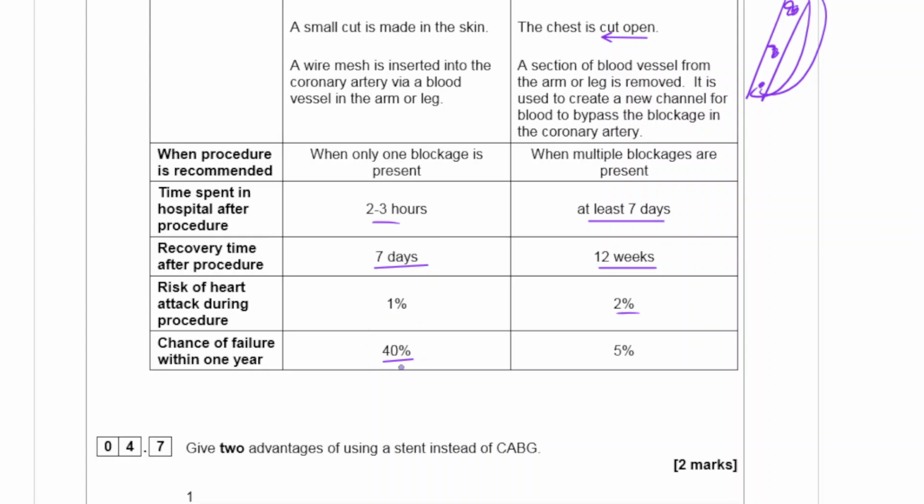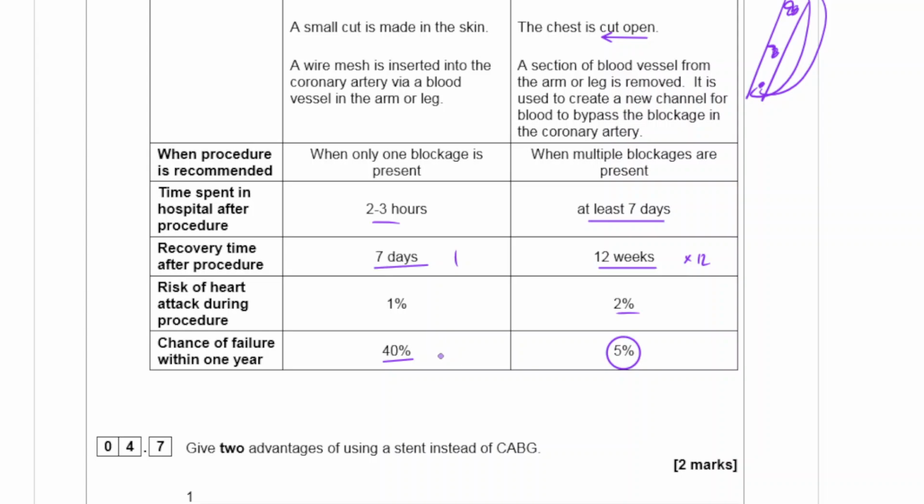So the chance of it coming back is 40%, whereas if you do open heart surgery, it's only 5%. It's much better, about 8 times better having an open heart surgery. But then again, the risk is double, and the recovery time is 12 times more.